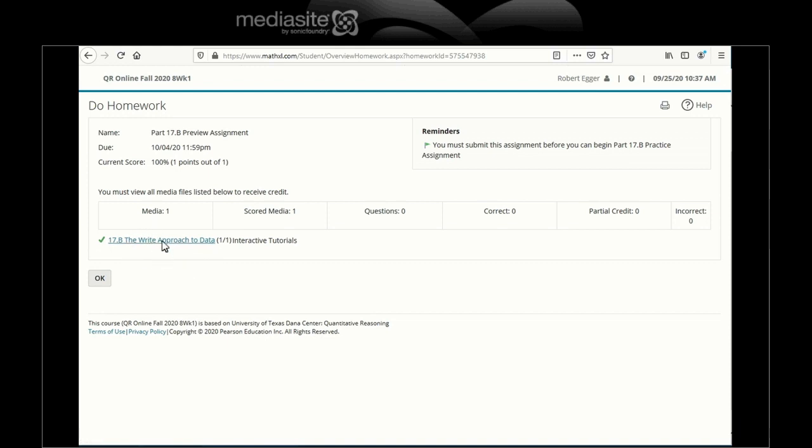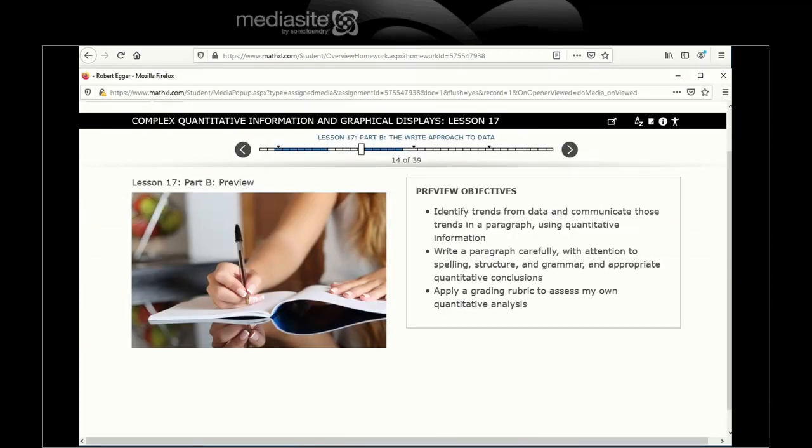Notice the word, it's not right as in correct, but right as in get out pen and paper and start being creative. So let's go here.